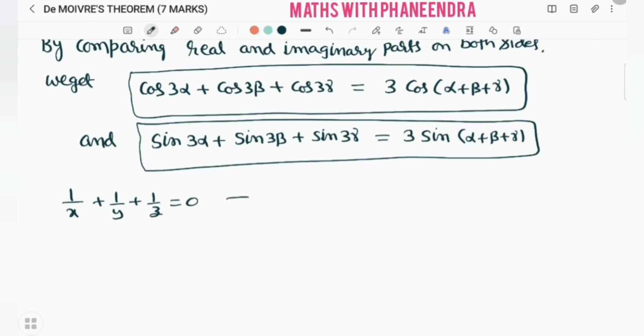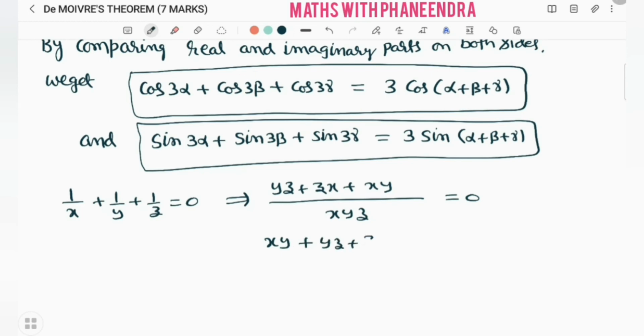Now take LCM x, y, z. So yz plus zx plus xy after taking LCM. Cross multiply, you will get, in serial order, xy plus yz plus zx is equal to 0.